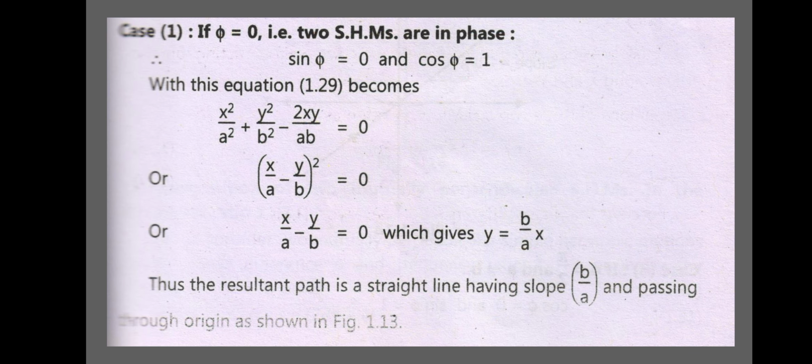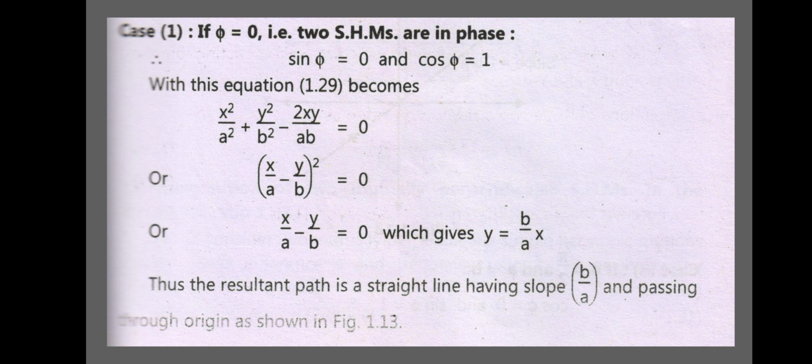First case, if φ = 0, that is two SHMs are in phase, therefore sin 0 = 0 and cos 0 = 1. Using these values, the above equation becomes x²/a² + y²/b² − 2xy/ab = 0, or (x/a − y/b)² = 0, or x/a − y/b = 0, which gives y = (b/a)x.